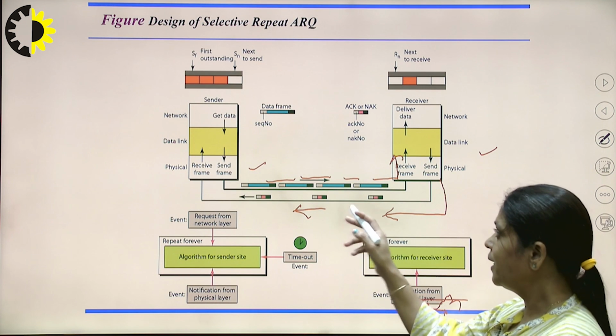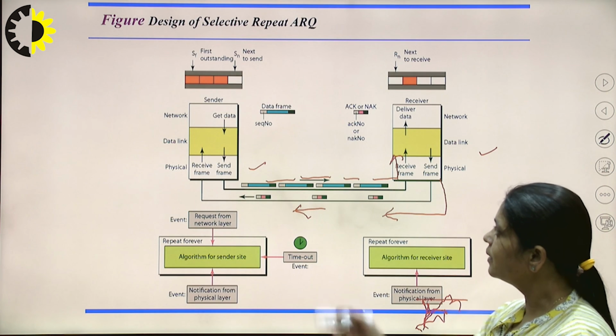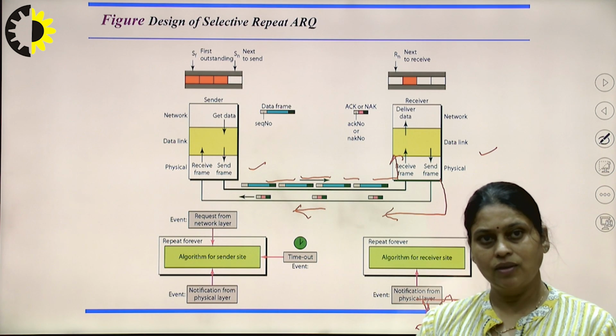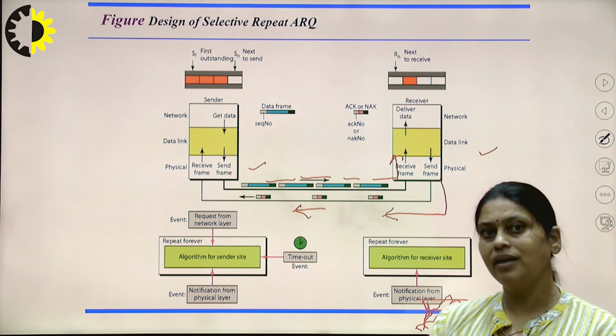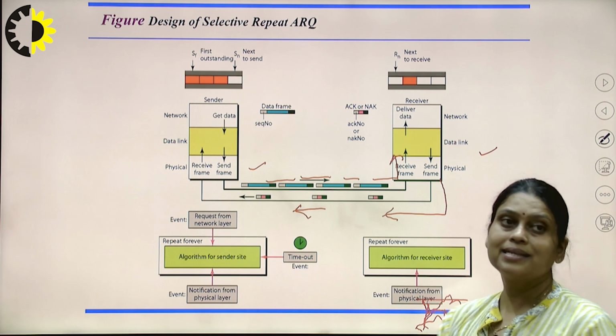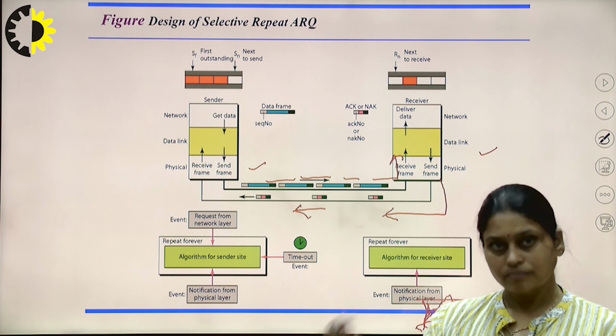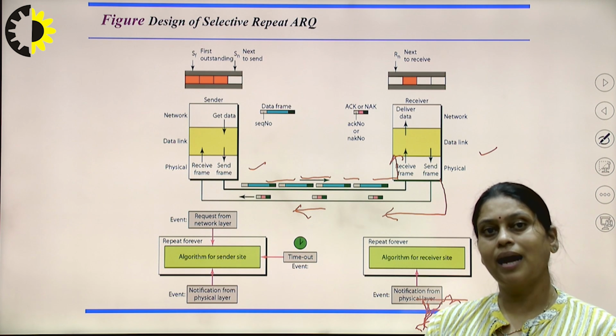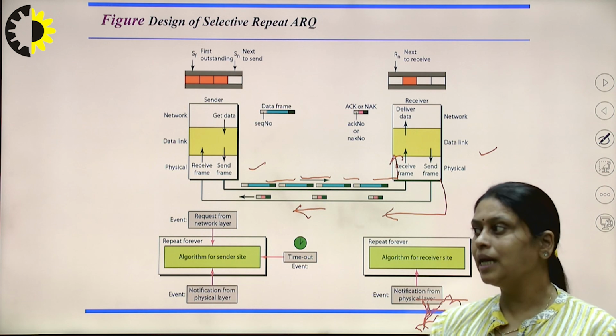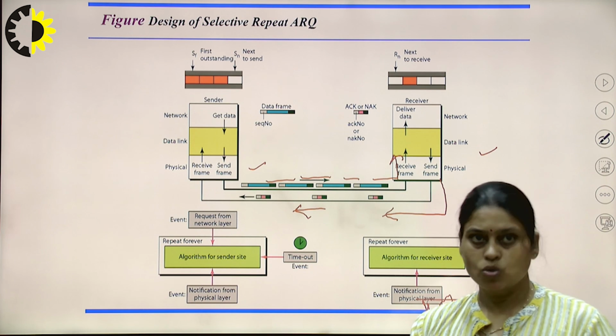If your data is received correctly by the receiver, it will be a positive acknowledgement, or if it is not received correctly, the receiver will send a negative acknowledgement to the source.